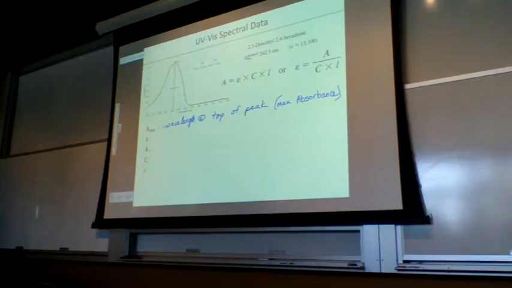And A is our absorbance. And then we have epsilon, which is our molar extinction coefficient, or the molar absorptivity.